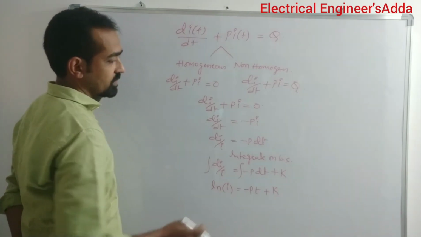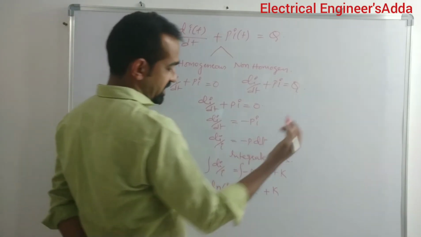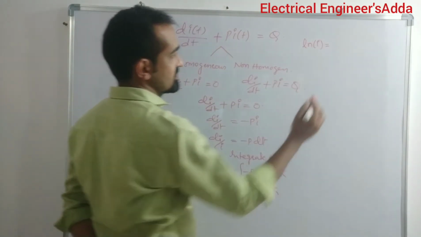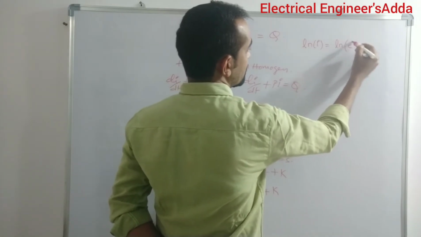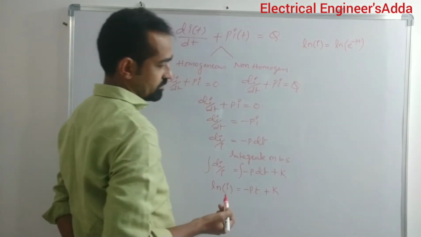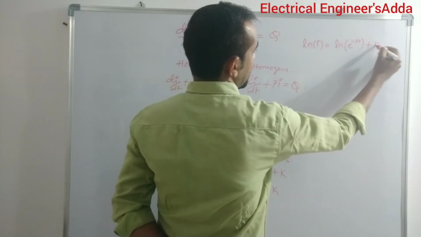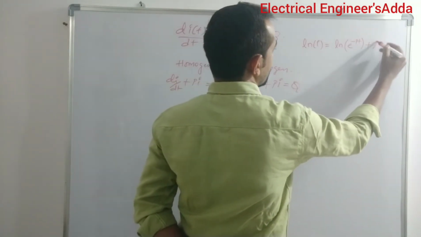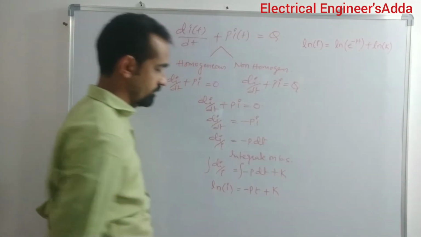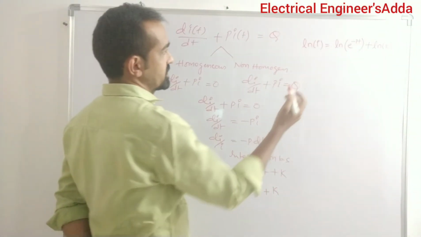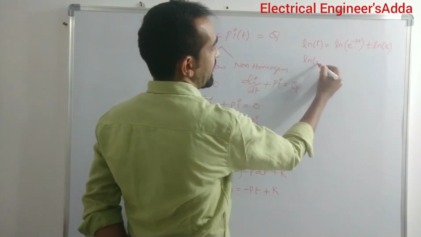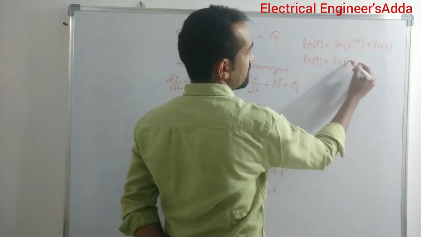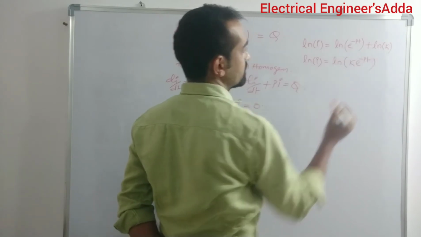So ln of i equals ln of e power of minus pt plus ln of k. Since ln a plus ln b is ln of ab, this gives ln of k e power of minus pt.